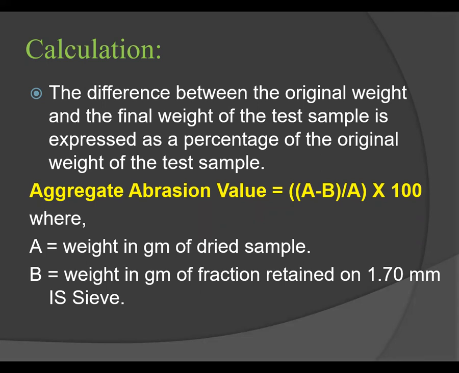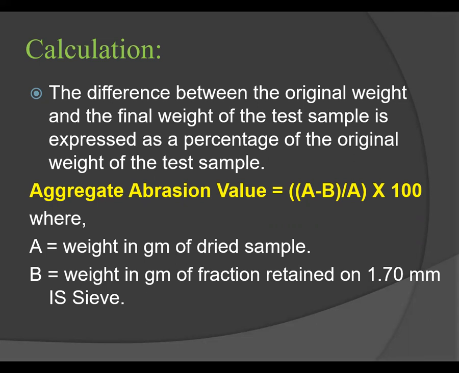The formula is: aggregate abrasion value is equal to (A minus B) divided by A, multiplied by 100. What are A and B? A is the weight in grams of the dry sample and B is the weight in grams of the fraction retained on the 1.70 mm IS sieve.